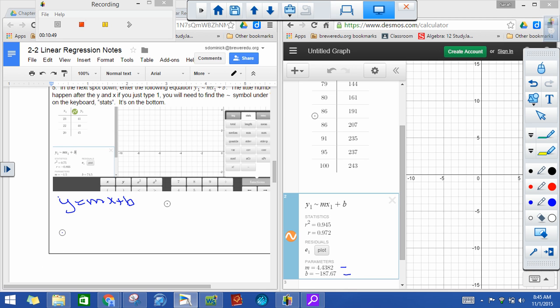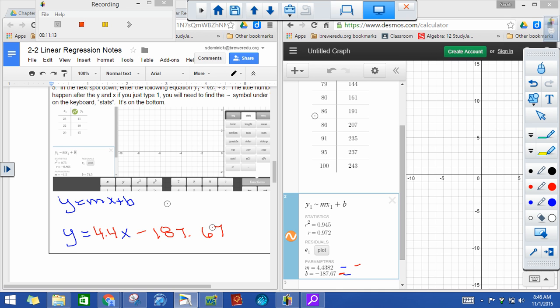So when I'm writing an equation, I'll always have y equals something times x. So my m will be right there. It's 4.4. I'm just going to kind of round. And my b is right there. It's a negative, so I'm going to subtract 187.67.